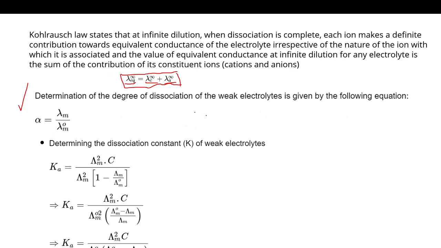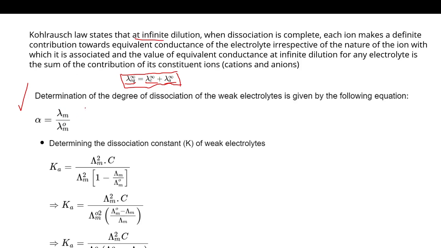The degree of dissociation of the weak electrolyte is given by the formula alpha equals lambda m divided by lambda naught m. Here lambda naught m is the standard equivalent conductance when you go to infinite dilution, and lambda m is the molar conductance at the given concentration.